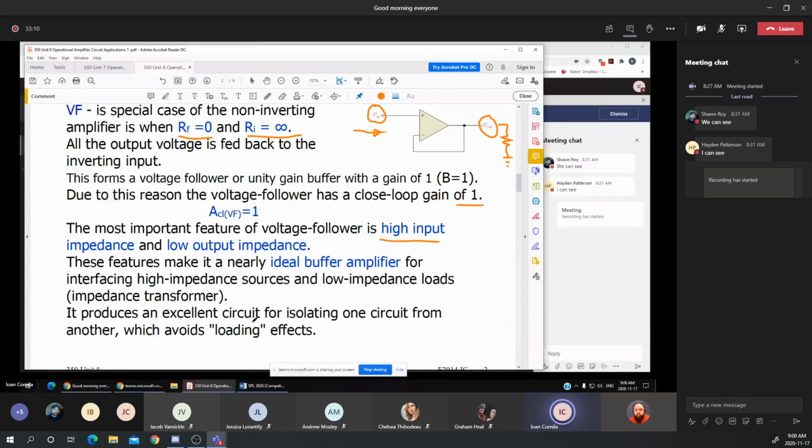Now we can look at the loading effect, in terms of the input voltage, or in terms of the load that is connected between the output and the ground of the circuit. I put as an example the impedance of a transformer. Usually the impedance of a transformer is very low.